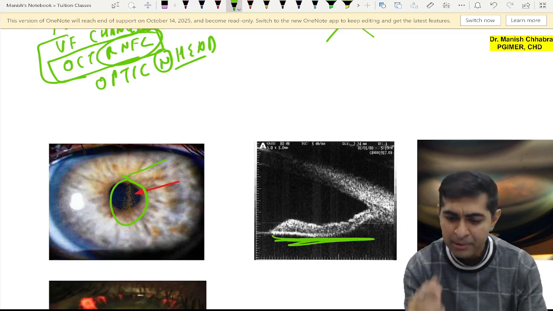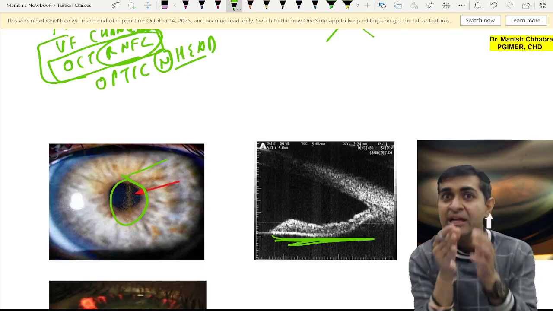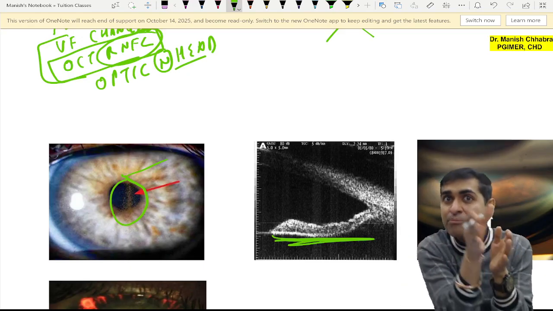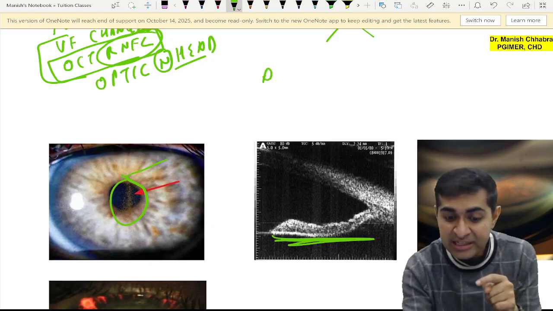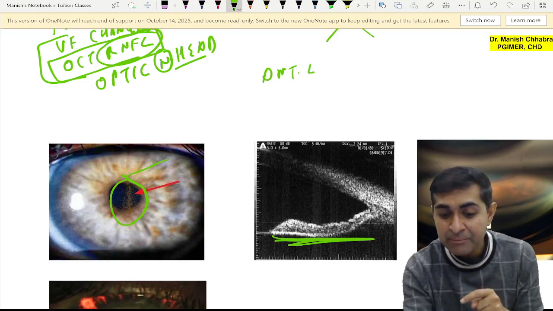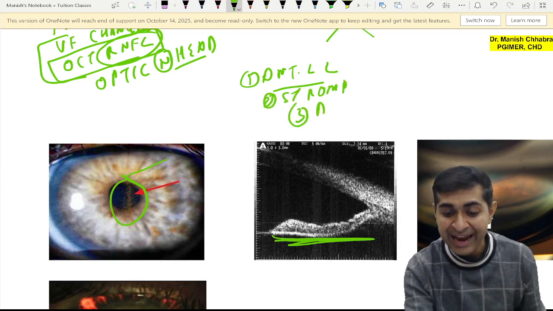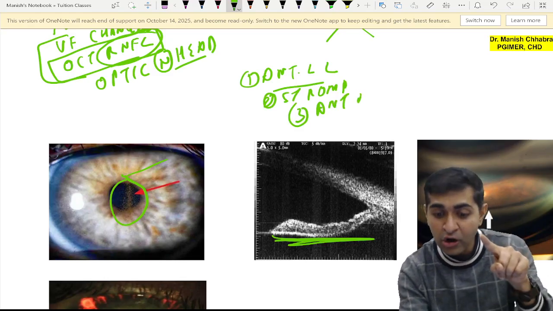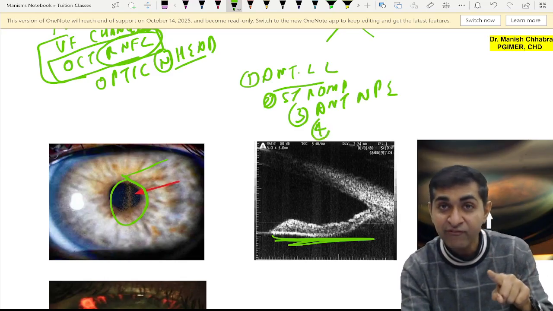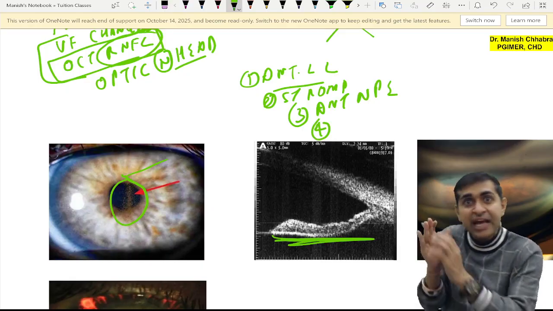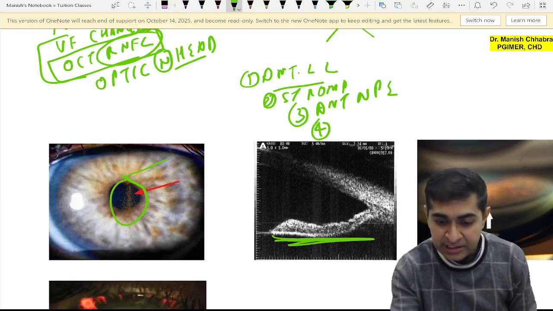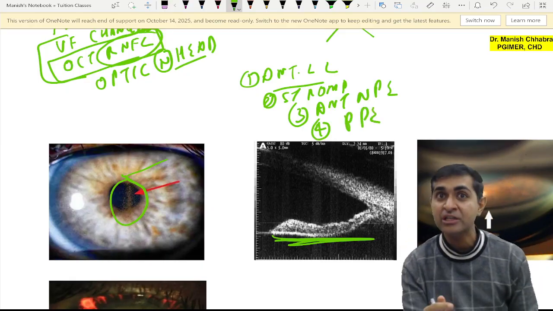Why can it lead to pigment dispersion? Can you appreciate the 4 layers of the iris from anterior to posterior? There is the anterior limiting layer, then the stroma, then the anterior non-pigment epithelium, and the 4th layer from anteriorly, that means posteriorly, is the posterior pigment epithelium.